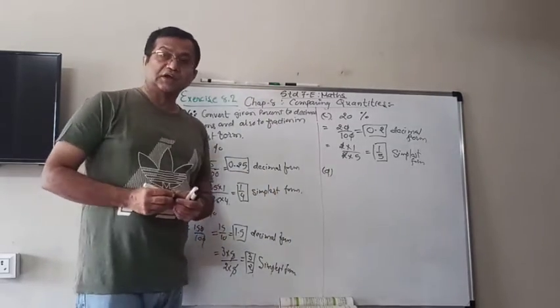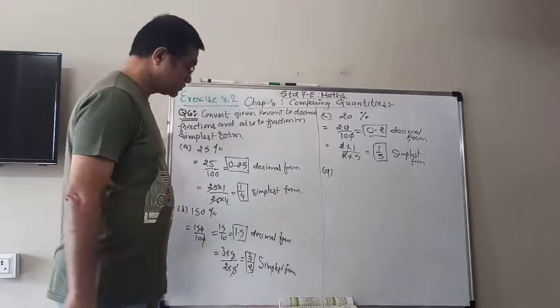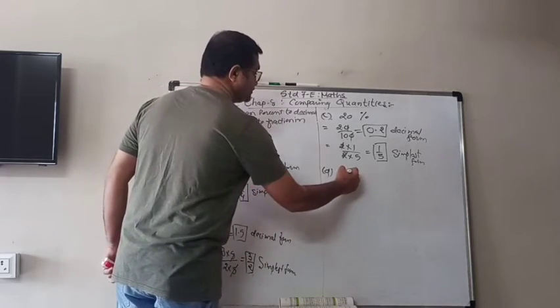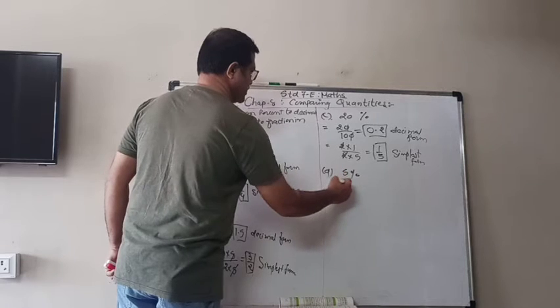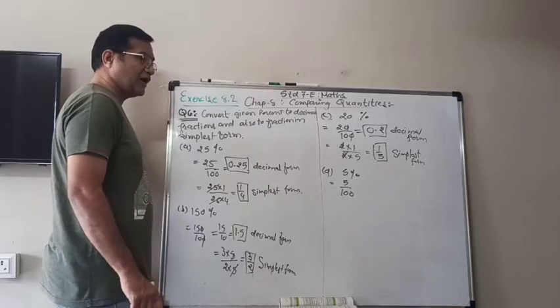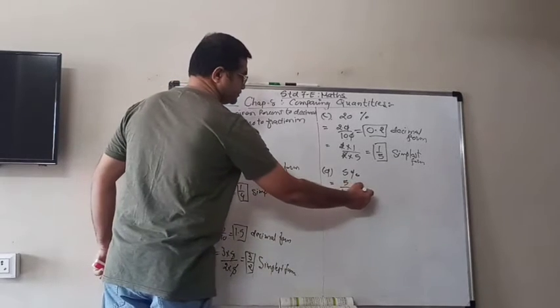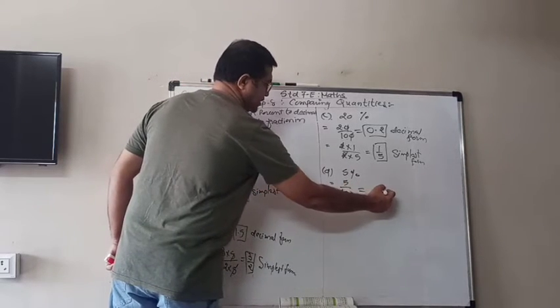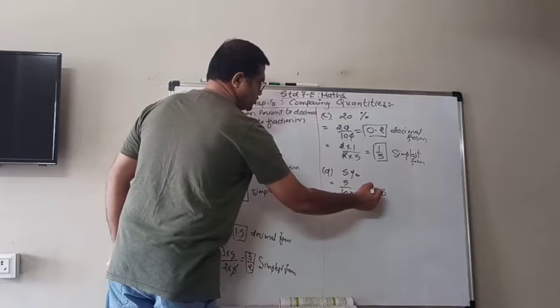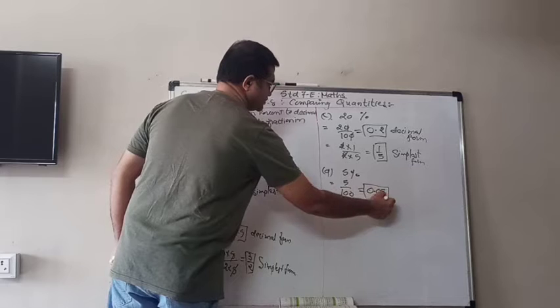Now the D. In D, it is 5%. 5% is 5 upon 100. So you have two decimals here, but we have only one, so 0.05.